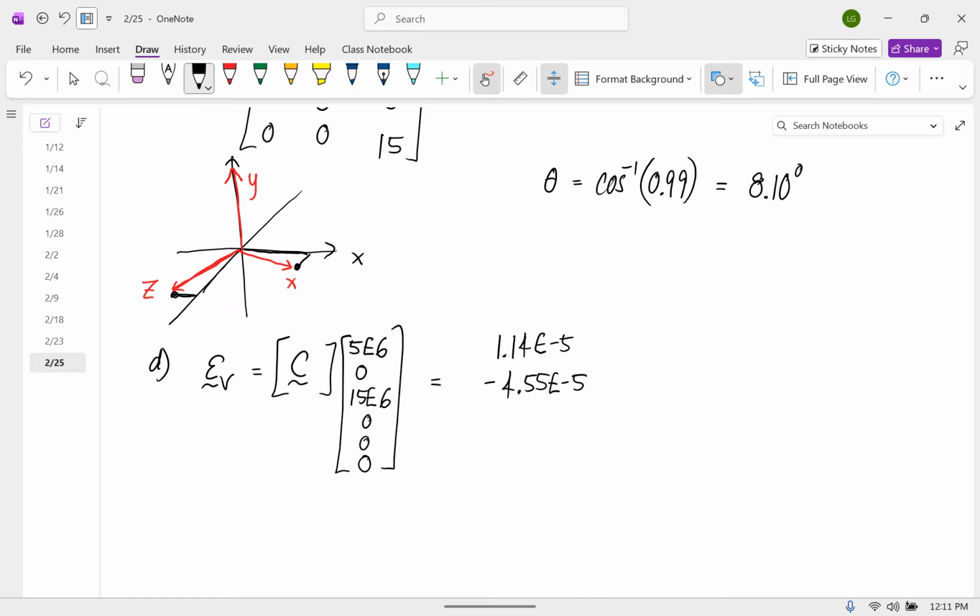And positive 1.25 times 10 to the minus 4, and then 0 for all the shear.